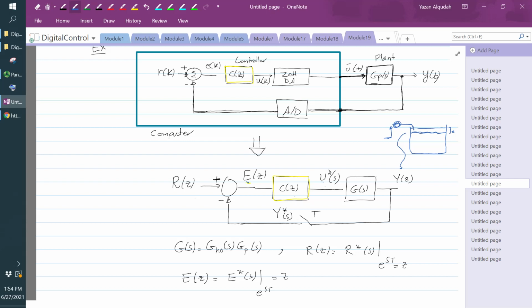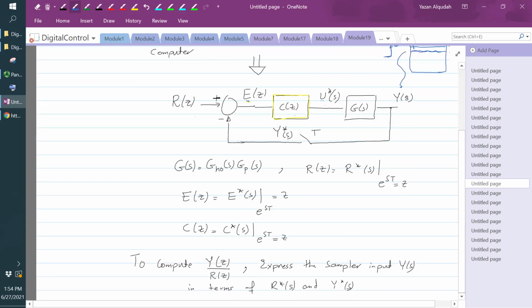Okay, so let's go back and look at the transfer function. G of S, as we said, because it's driven by a star input, is going to equal the zero order hold and the plant.